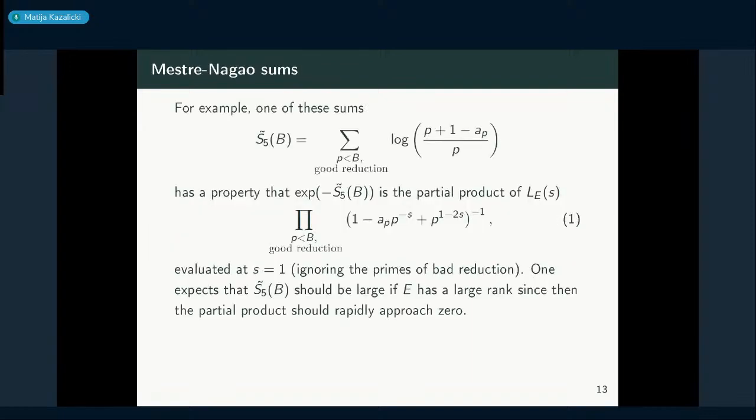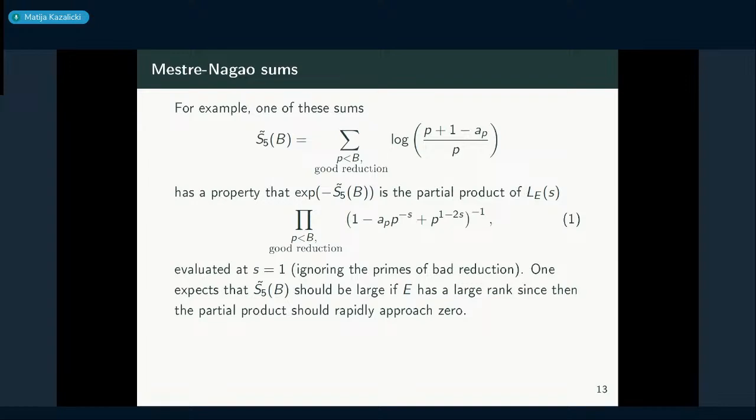So for example, this is one of these sums. How do we connect this sum to the L-function? As it's written here, the exponential of minus this sum is the partial product of the L-function evaluated at s equals 1. Here we are just looking at the partial product.